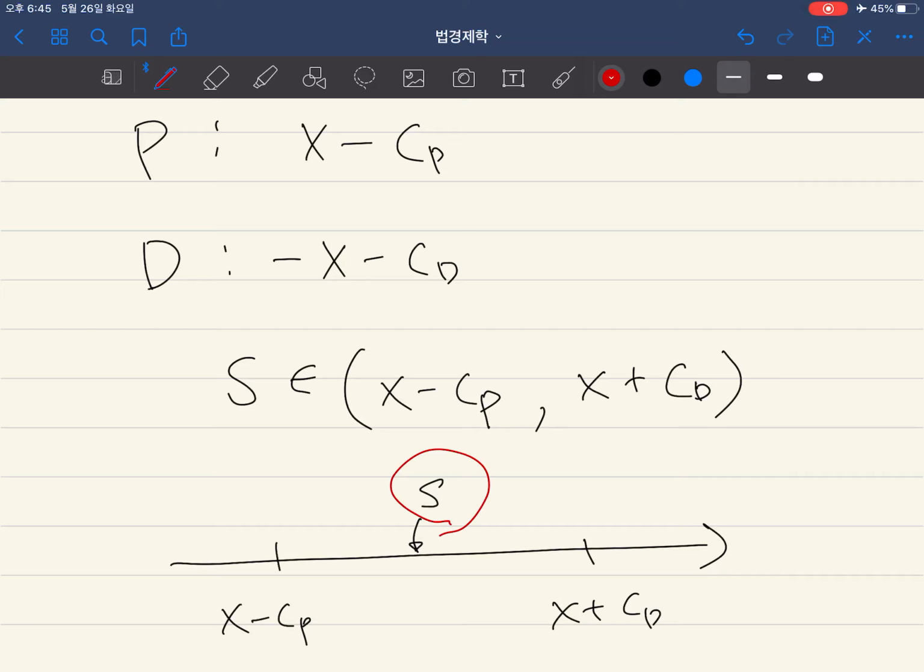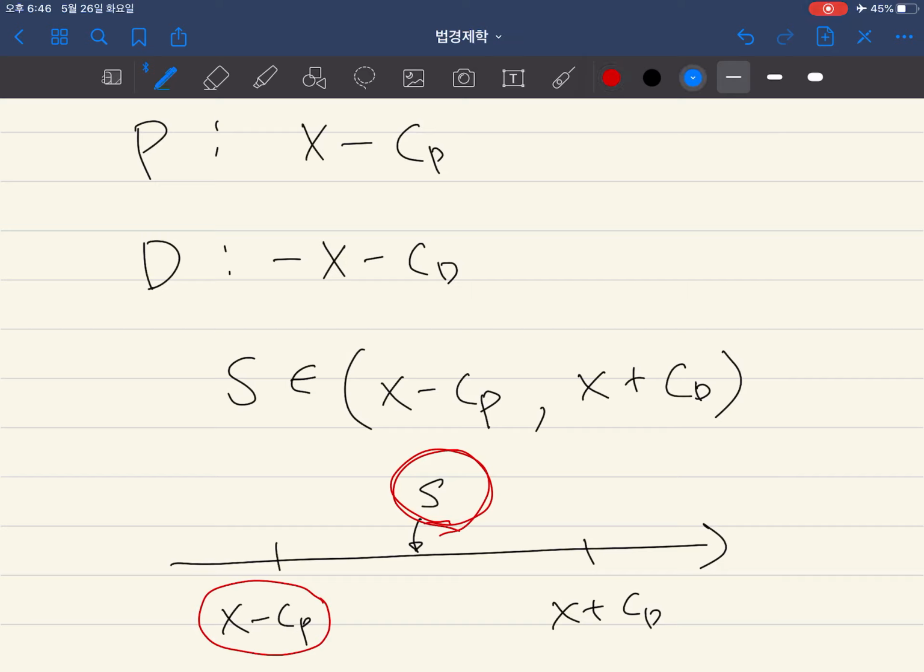Then this is a better option for both of them. Think about plaintiff: plaintiff is going to get S dollars from defendant. If plaintiff goes to trial, he obtains X minus CP. If you see this graph, S is bigger than X minus CP, so plaintiff is better off by having settlement at S dollars.